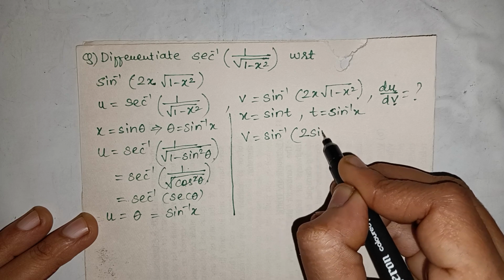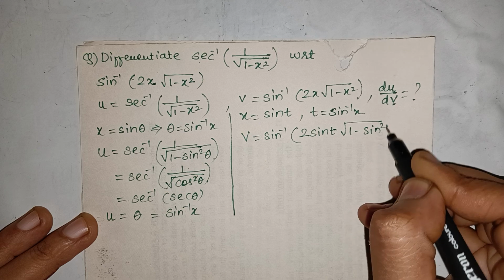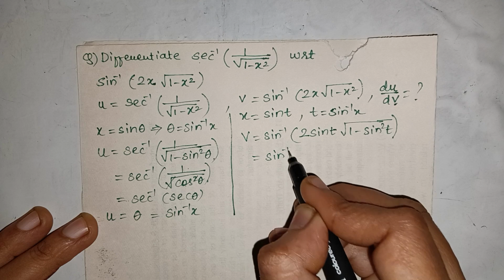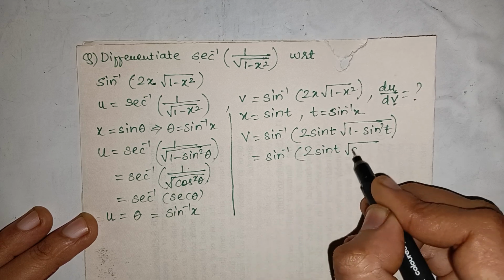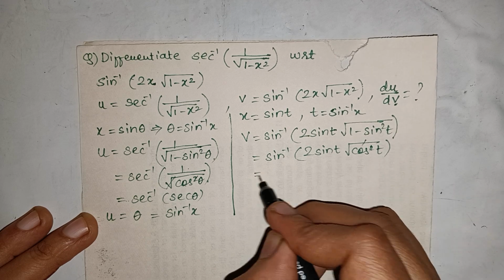So v equals sine inverse of 2 sine t root of 1 minus sine square t. 1 minus sine square t is cos square t, so again square and root get cancelled.